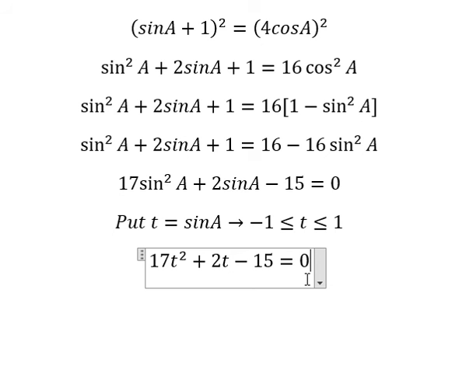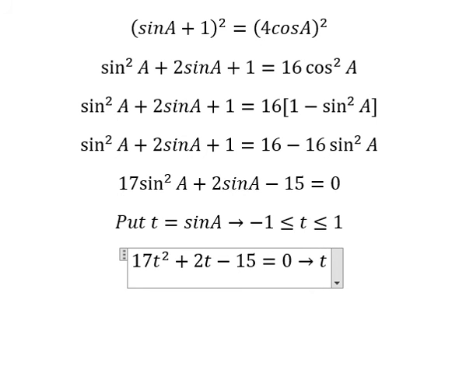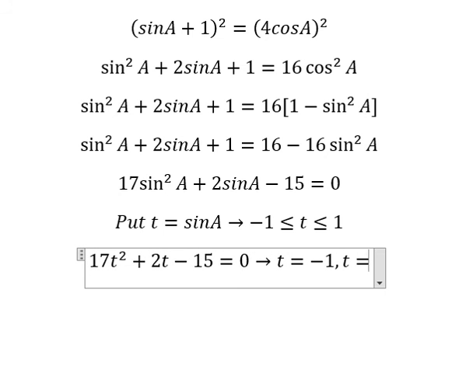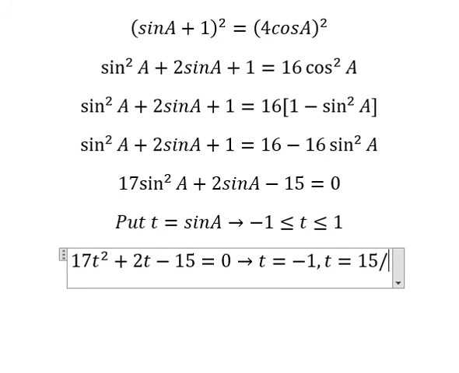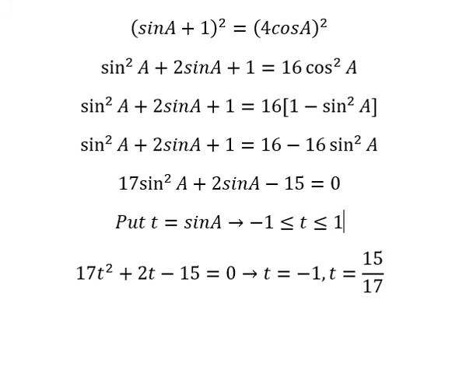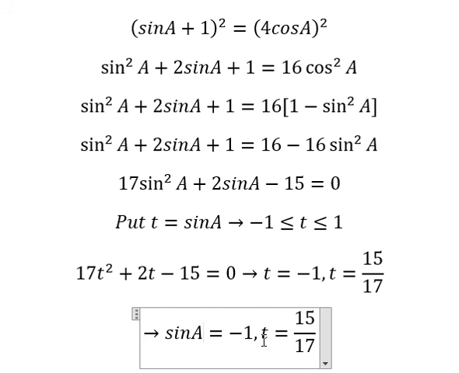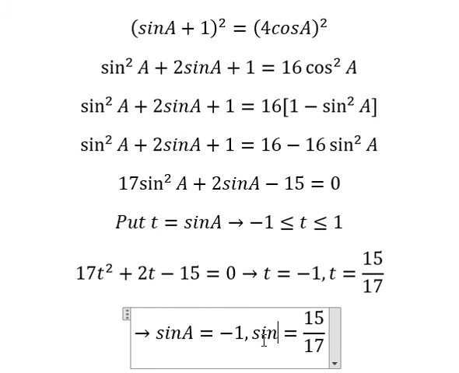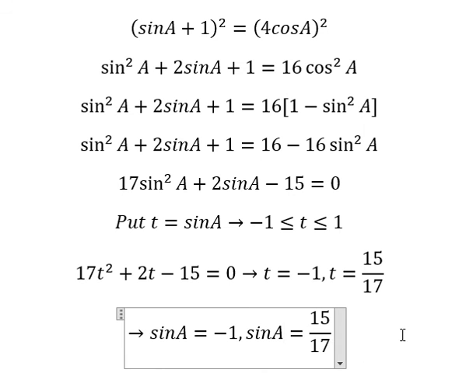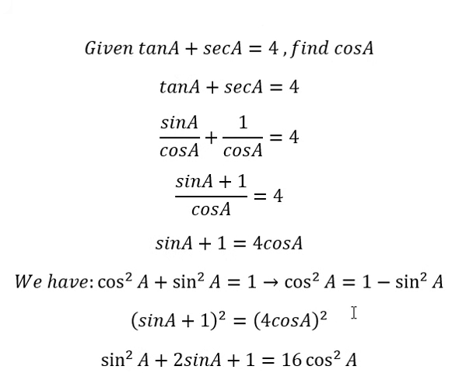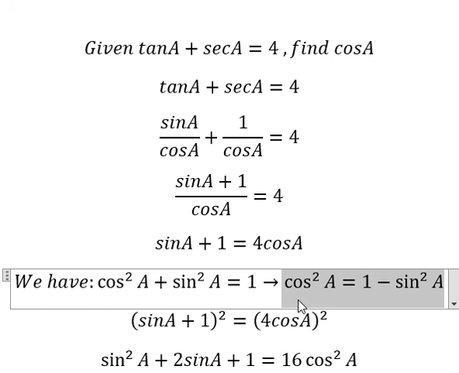So we have t equals negative 1 and t equals 15 over 17. That means we will have sine A equals negative 1 and sine A equals 15 over 17. If we have this, we need to put this one back in here.